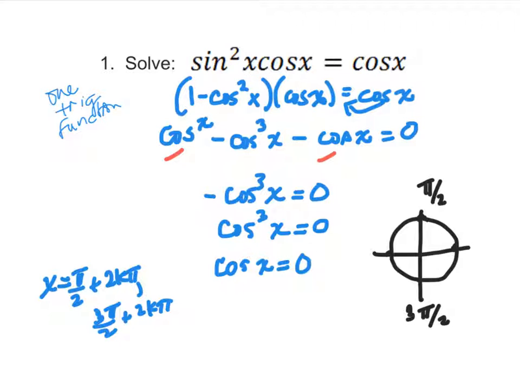But notice that if we go exactly pi units each time, we're going to be at a position where cosine is 0, so we could condense our answer, and for a final we may just say x is equal to pi over 2 plus k pi.